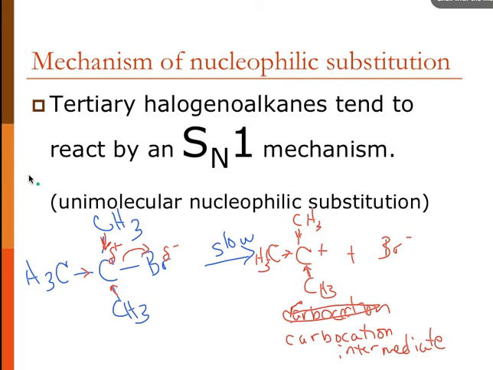If you look at the structure of a tertiary, I've got all these atoms, this methyl group, 3 methyl groups surrounding this carbon. There really isn't room for a nucleophile to kind of come in here and form that transition state that happens in a bimolecular nucleophilic substitution. Okay, so because of that, and it's called steric hindrance, it's basically too crowded around that carbon for that nucleophile to come in.